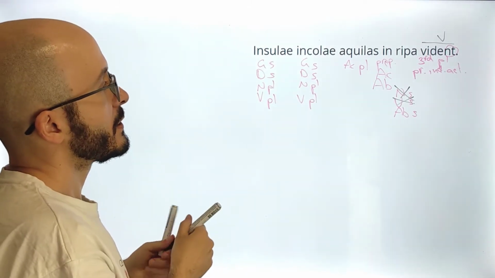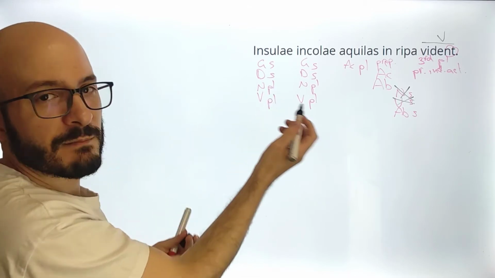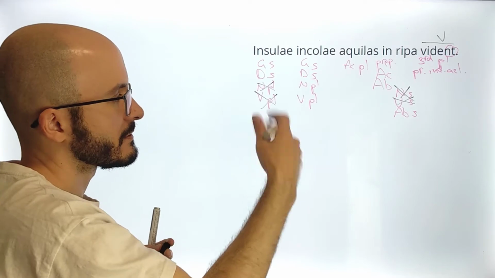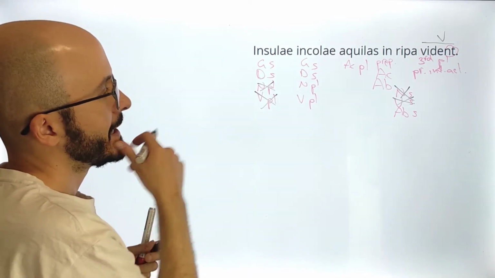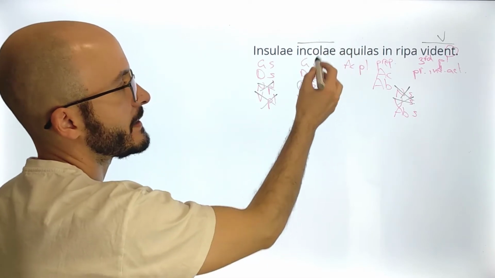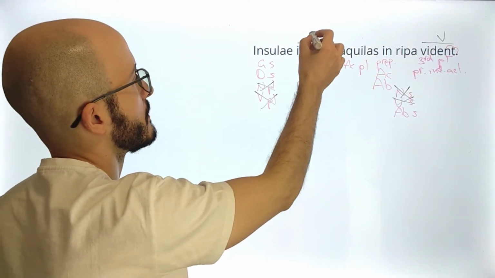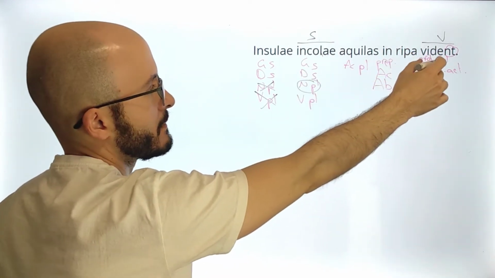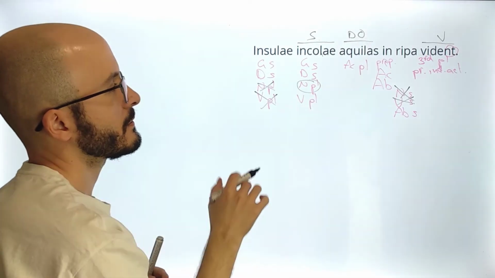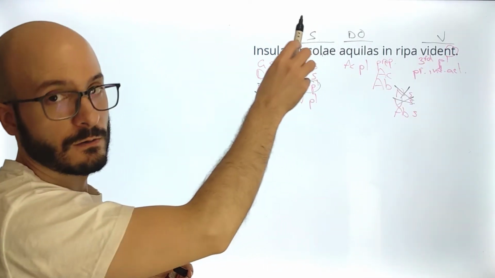So this could be the subject, but it doesn't make sense. Vocative no, because it's not written between commas. So this nominative, the inhabitants see, that makes sense. Now accusative, direct object, it can only be that. So the inhabitants see eagles.